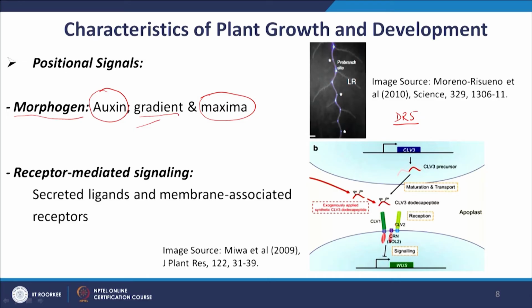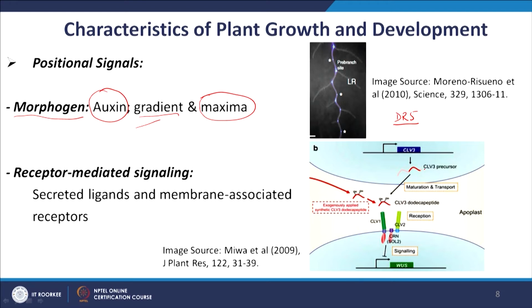Another mechanism by which a particular cell acquires a particular fate is typical receptor mediated signaling. We will discuss this example in detail when we see shoot apical meristem maintenance or root apical meristem maintenance, but here, there are some receptors in one cell, which are CLAVATA 1 and 2, and there are some signaling molecules secreted by the neighboring cells.